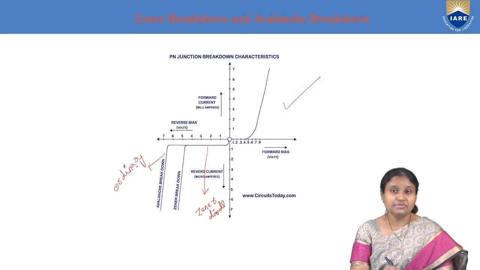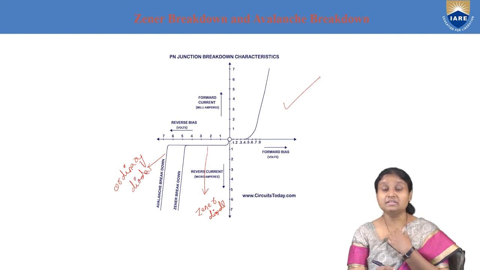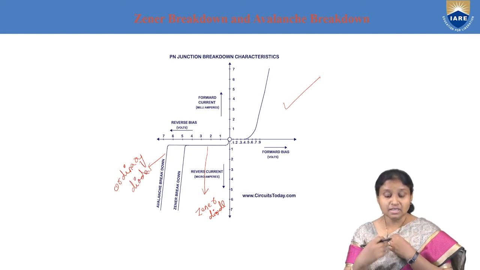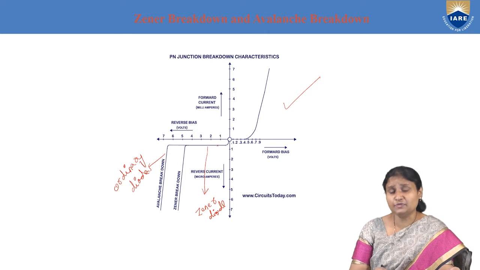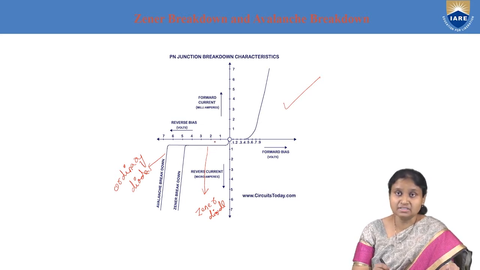What is the difference between the reverse curves exhibited by the normal diode and the Zener diode? In both cases, at very low reverse bias voltage, a very small current flows. This current is called the leakage current, which is due to minority charge carriers.